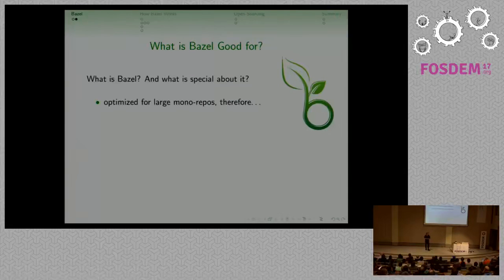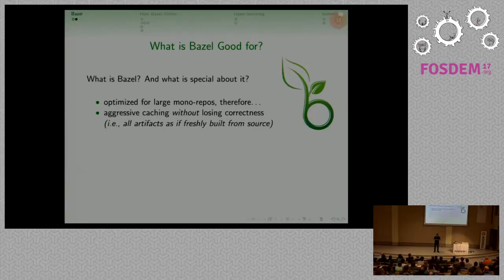Okay, so why yet another build system? As mentioned already, it's optimized for large repositories. What Bazel tries to do is to be fast, and not only by running things in parallel, but also by aggressively caching, but doing so without losing correctness.